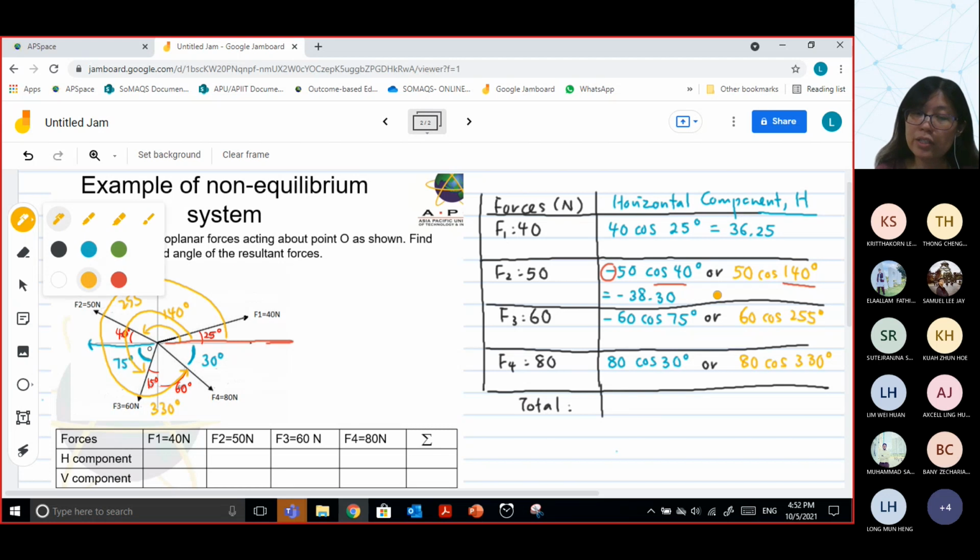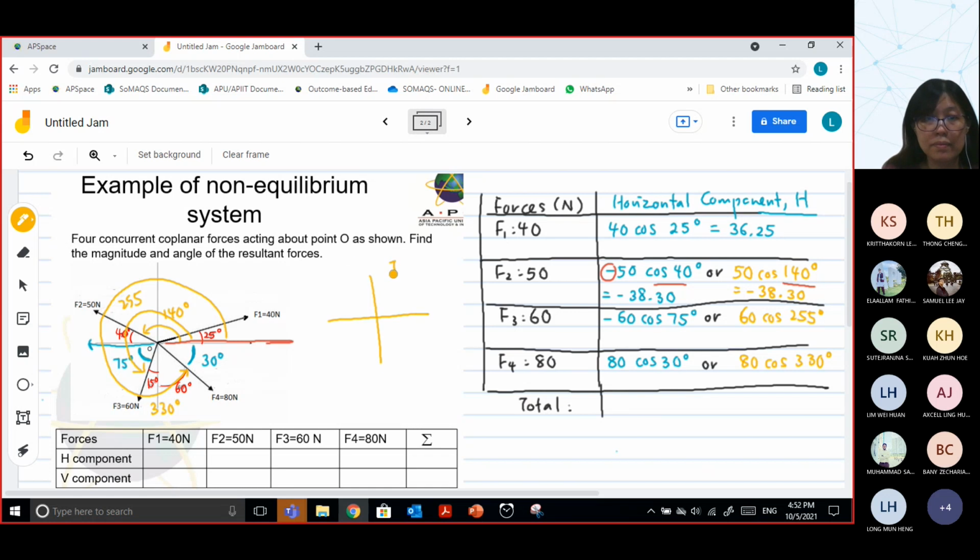And when you calculate 50 times cos 140, you get a negative as well, because cos 140 is in the second quadrant, where cos is negative. Then you move on.